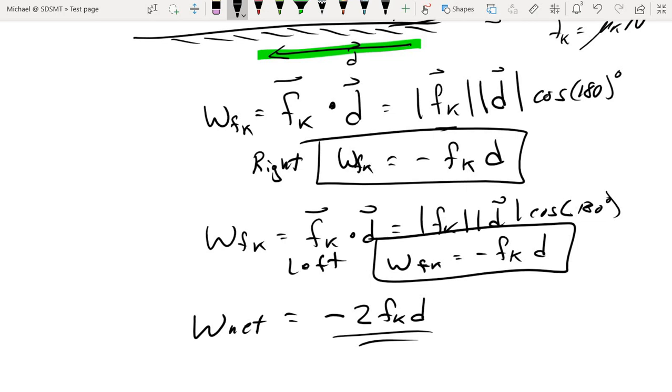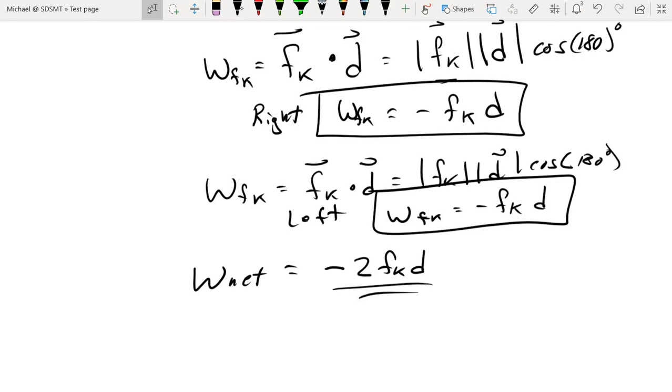Friction is not a conservative force because we did not get a net work of zero. We got a net work that was obviously very negative. And friction will never do positive work.